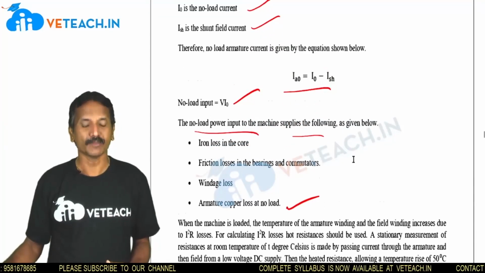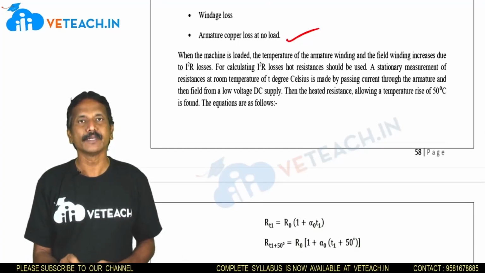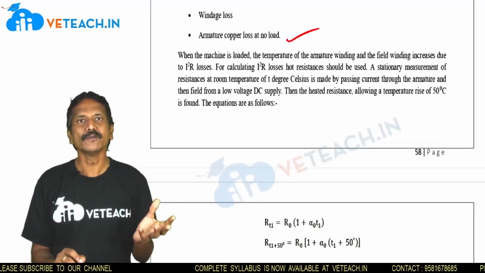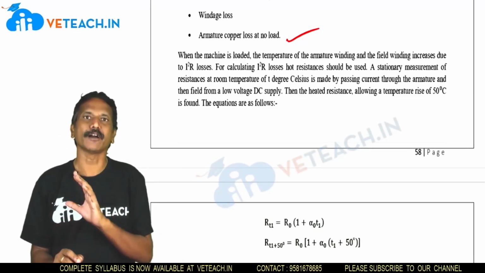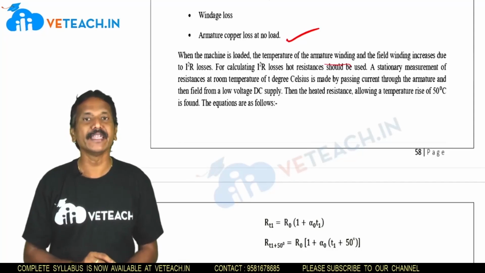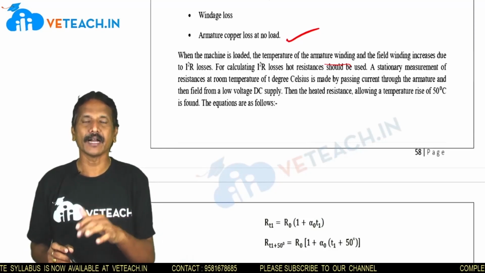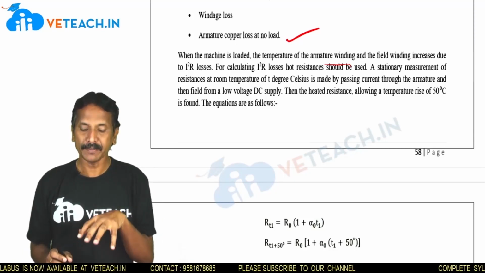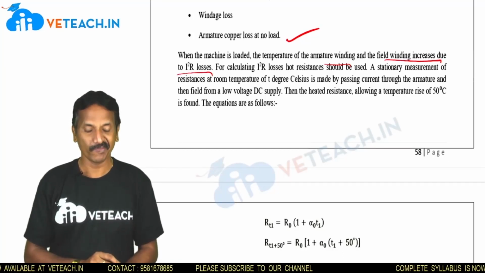And armature copper losses. Before, there was no load; now when the machine is loaded, some changes will occur. Obviously, the temperature of the armature winding and field winding increases, and the I square R loss also increases.